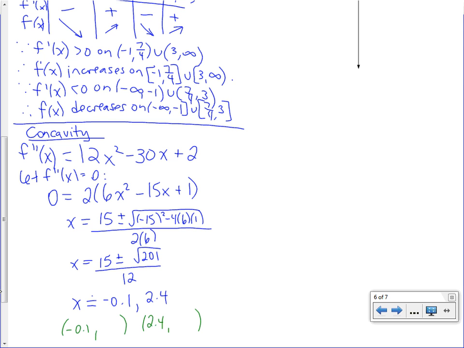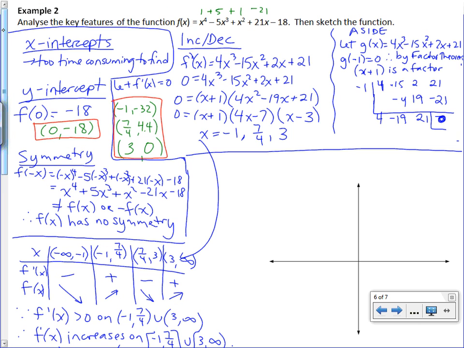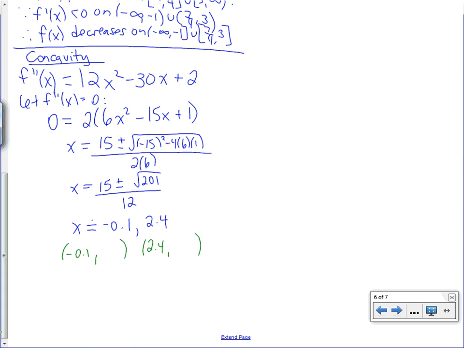So now I have 0.0685. Okay, so that's stored, and if I use that as my x value, answer to the 4 minus 5 times answer cubed plus answer squared plus 21 times answer minus 18, negative 16.6. And repeat with 15 plus root 201 divided by 12, 2.4.